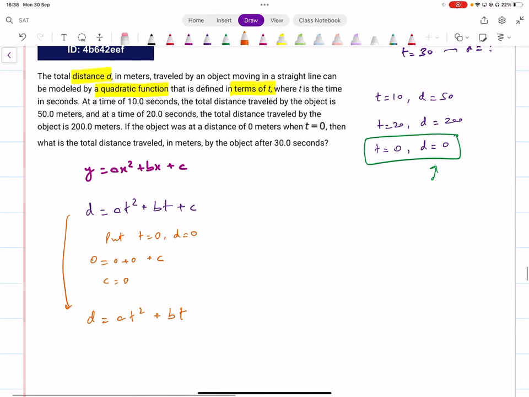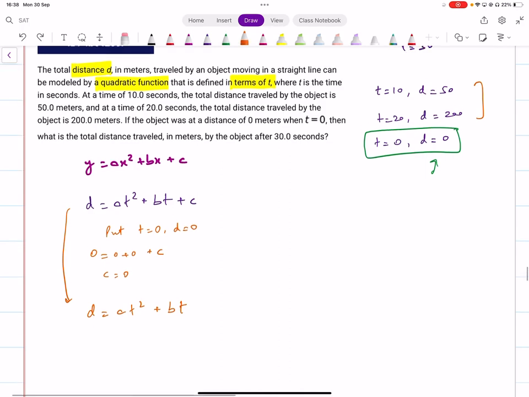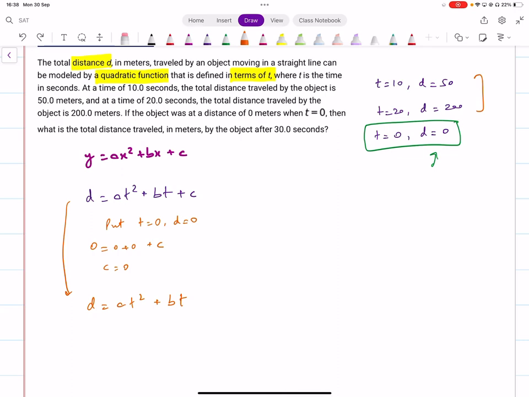Now we have two other points given. We would have to use those points to make two simultaneous equations, and then use that to find a and b. Is that okay? The equations that we get are not going to be that complicated, they're fairly straightforward.